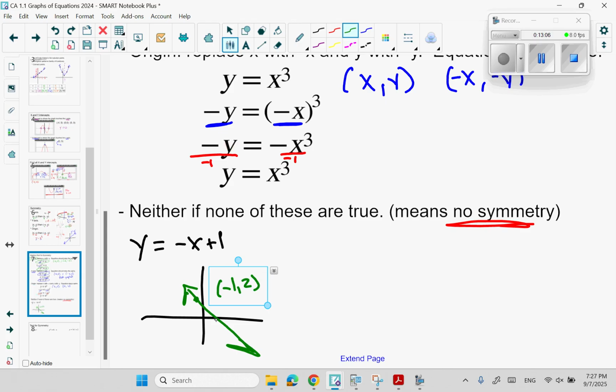But if I plug in a positive 1, I'd get 0. Clearly, I can't flip the x values because my y values don't stay the same. And if I were to get a negative 2 for the y, that would be something like 3 for the x value. So I can't flip the x values either. So that would be non-symmetrical.